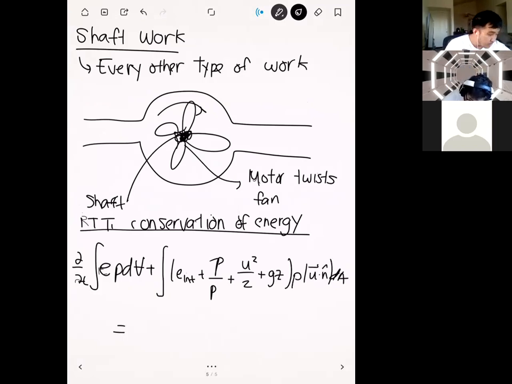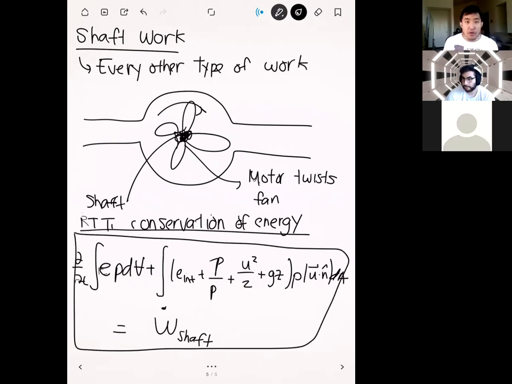So that's our inflow outflow term. You can see I've expanded all the different types of energy and work that we can put in. In particular, I've added the pressure term, because that's the pressure force being acted on the fluid. And all this is equal to W dot shaft.